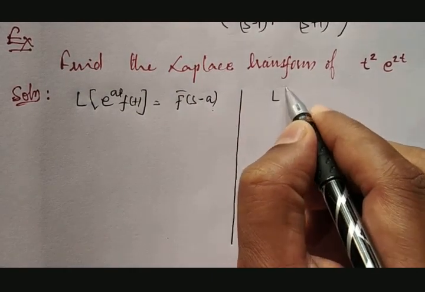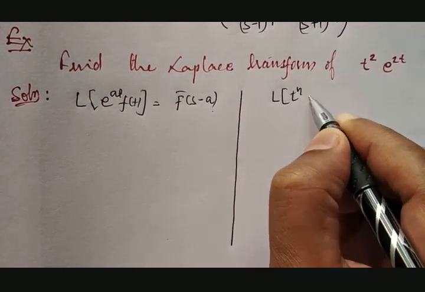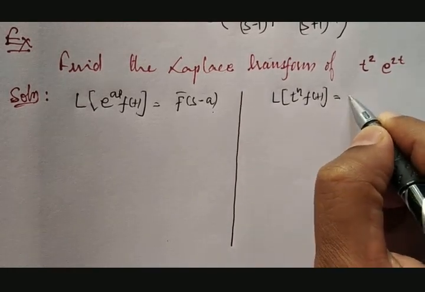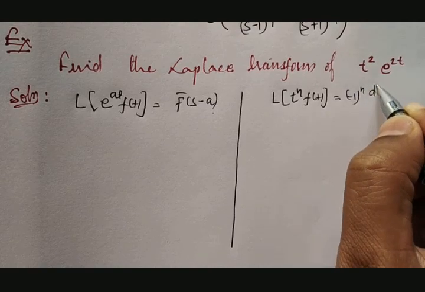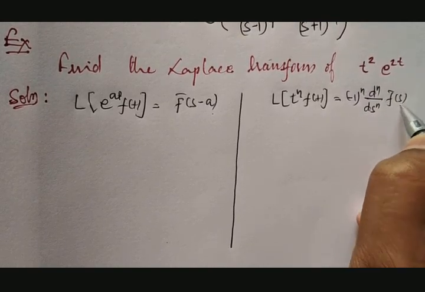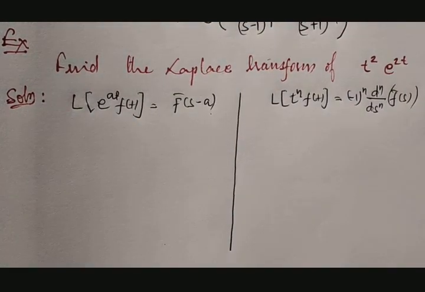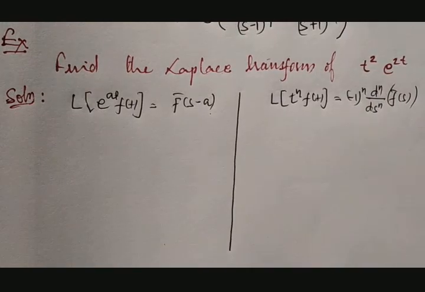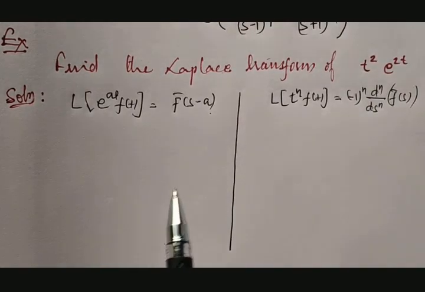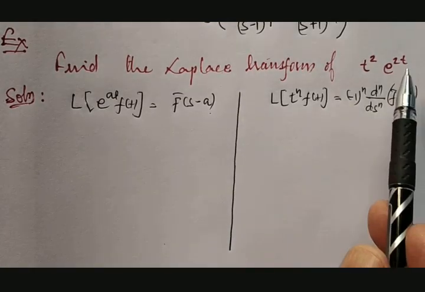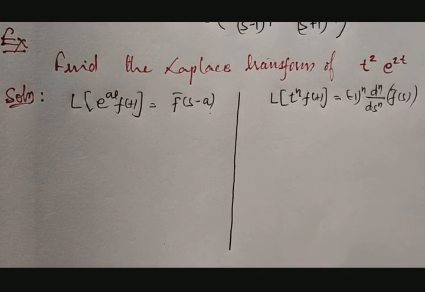That says Laplace transformation of t raised to n into f of t is equal to minus 1 raised to n d raised to n by ds raised to n into f bar of s. So in both the cases, out of these two, we need to consider f of t, either exponential or trigonometry or algebraic.